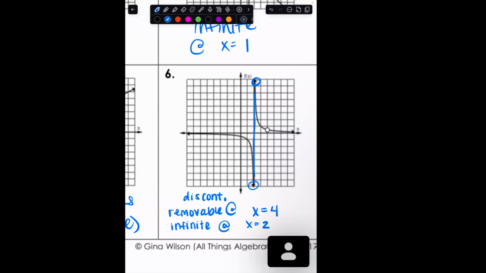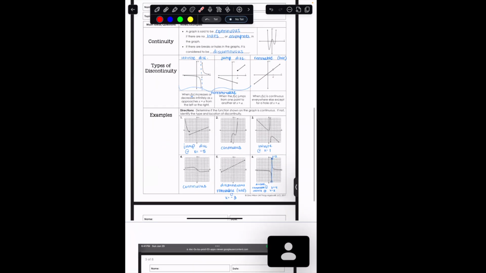So even though there is technically a function here at x equals 2 in that vertical line, it's hard to tell, but this arrow is approaching this line, and this arrow is approaching this line, but it's never actually going to meet that. So I do have a discontinuity there as well.